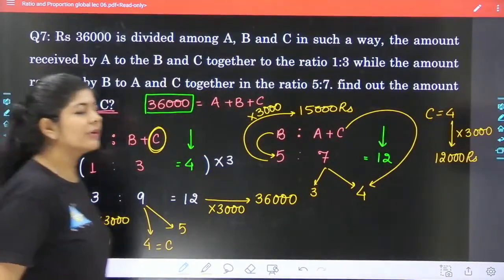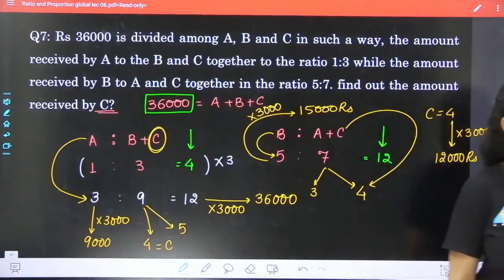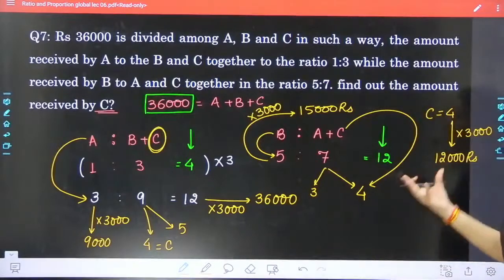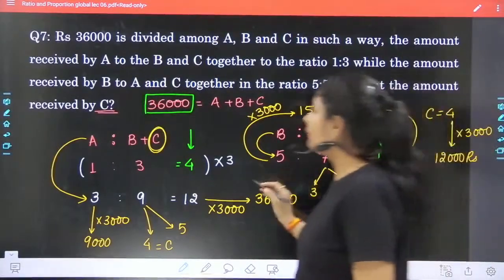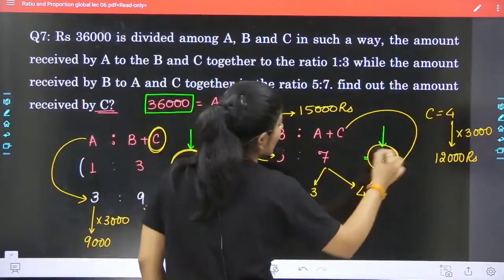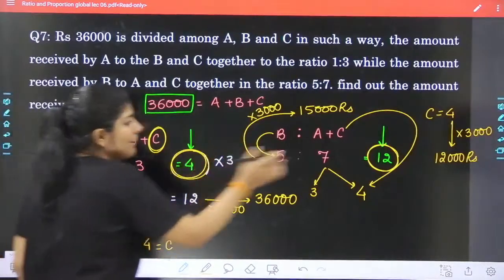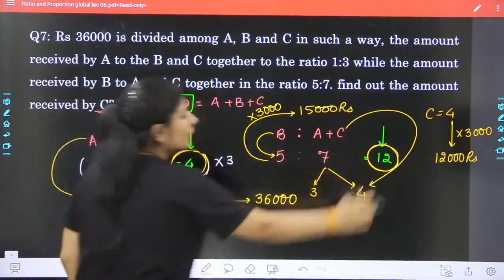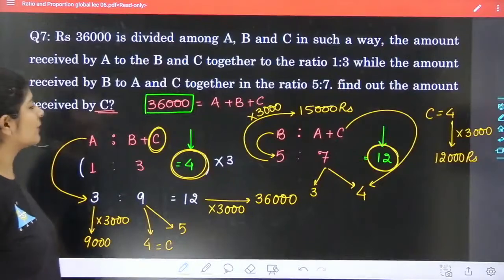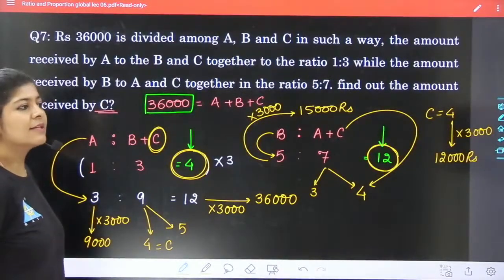Is it clear to everyone how we calculated all these values? Here, we have to make the value of the amount equal. And after that, we simply calculated the rest of the things. Is it clear to everyone?